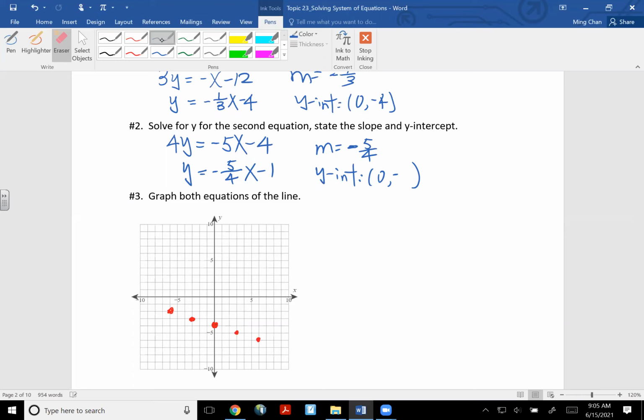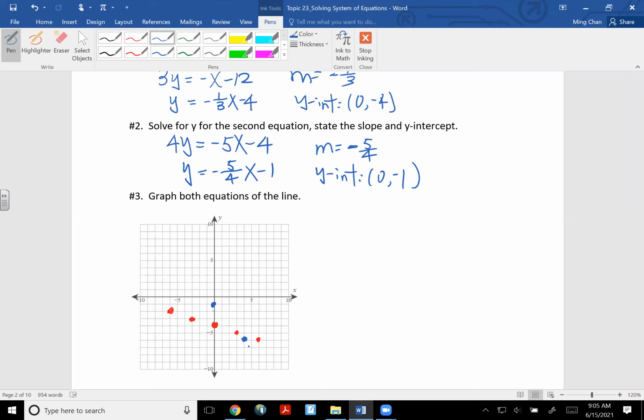Maybe it'll work out, maybe it won't. Let's give it a try. Down 5, 1, 2, 3, 4, 5, to the right 4, 1, 2, 3, 4. No, I'm still going to miss it. Yeah, I will still end up missing it.